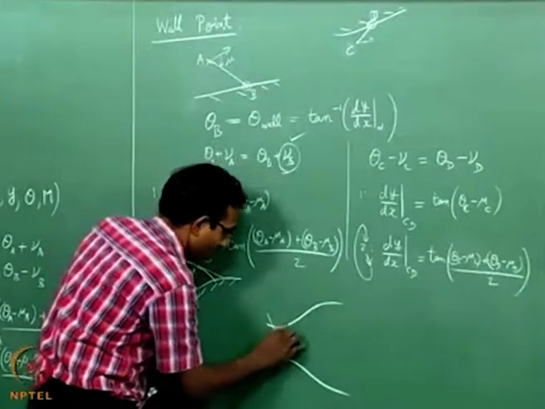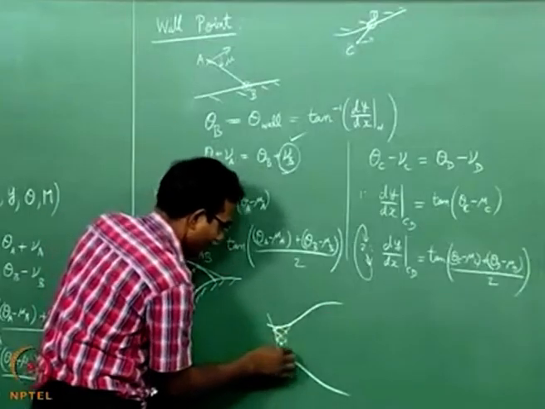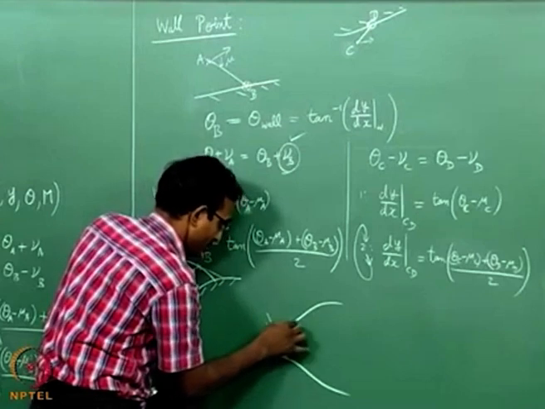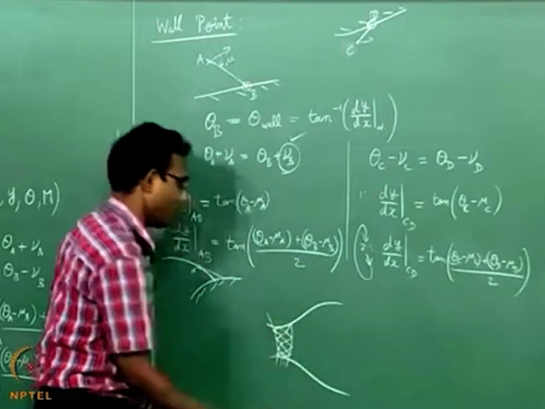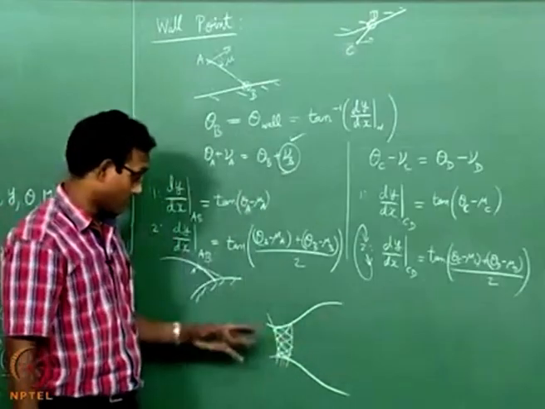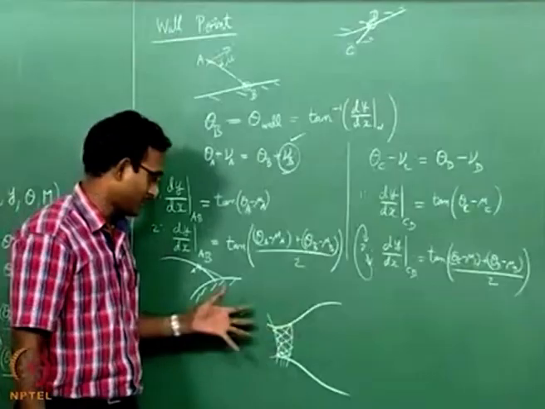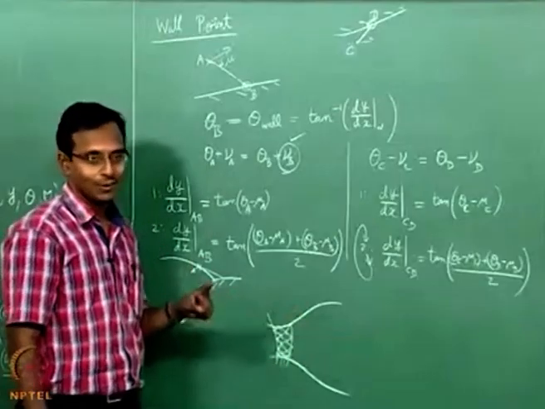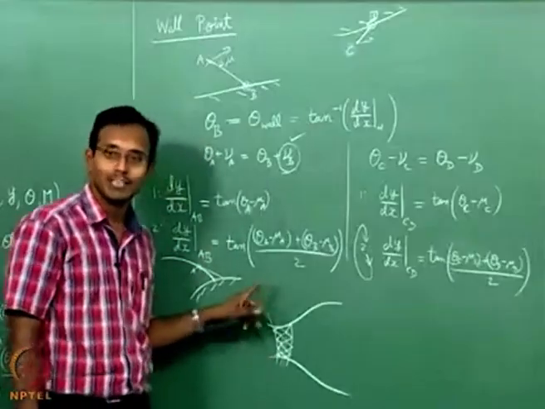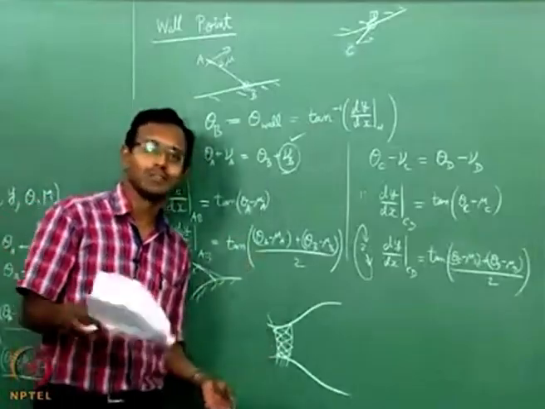The next time it will go to the wall, here also it goes to the wall. Now I have data for one more layer, and like this I can do this forever. So I can solve flow through a nozzle using this itself, except you need to know this very first line of data. Somehow it has to be given to you. We will talk more about this next class.